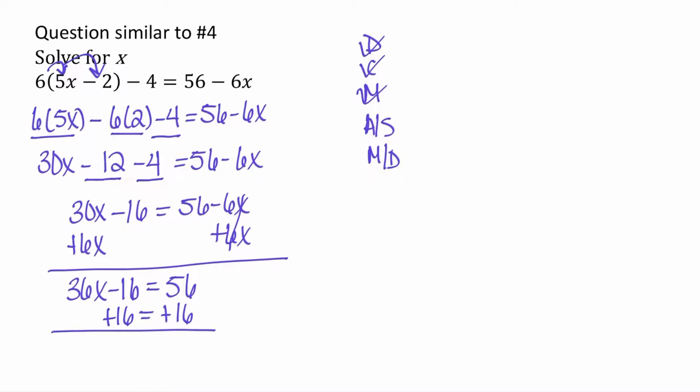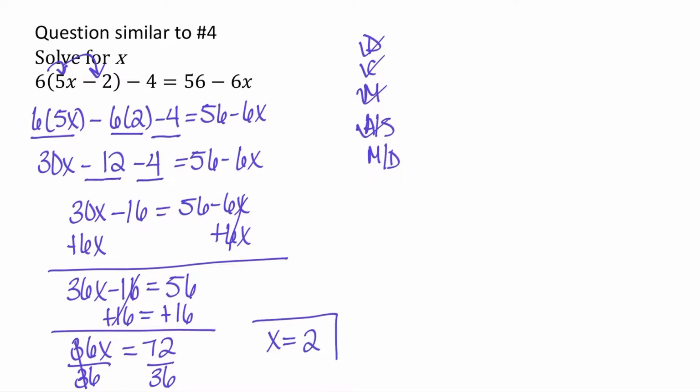And I get 36x, minus 16 and plus 16 cancel, and that equals 56 plus 16, which is 72. So now I need to multiply or divide. It's 36 times x, so the opposite will be to divide by 36. And then here the 36 cancels, so I have x equals 72 divided by 36, which is 2.